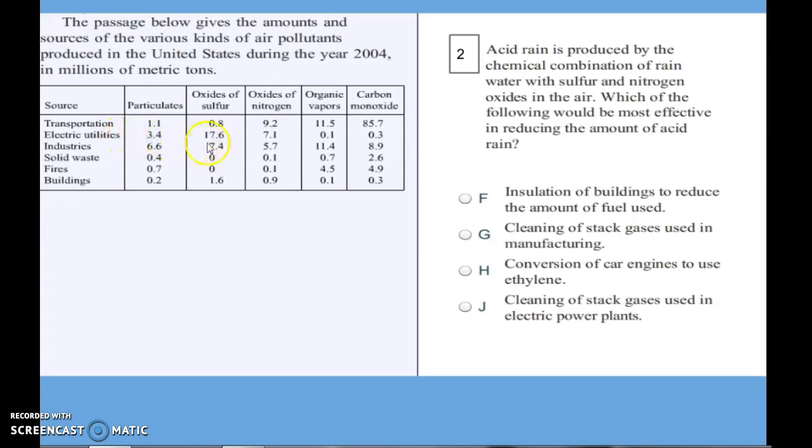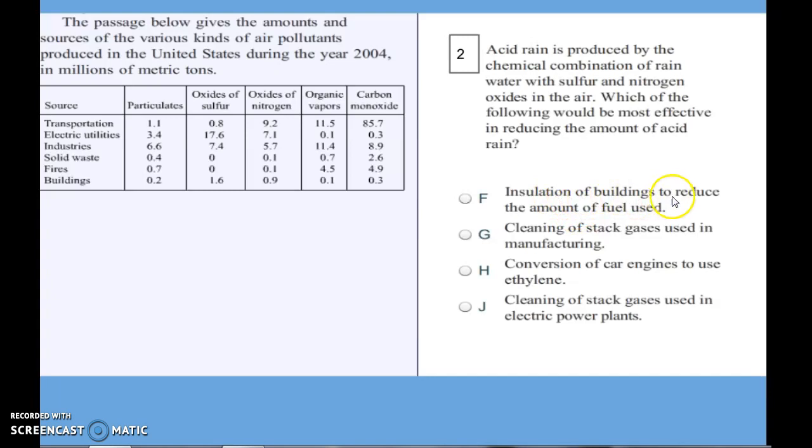But then electric utilities, look, none of them come close added together to this 17.6. If we add that together with the oxides of nitrogen, then this is over 20. And so it's our big leader. So we're probably going to be looking for something that uses electric utilities.